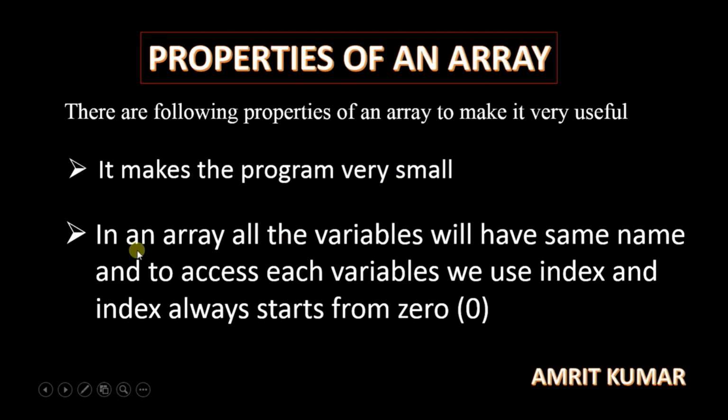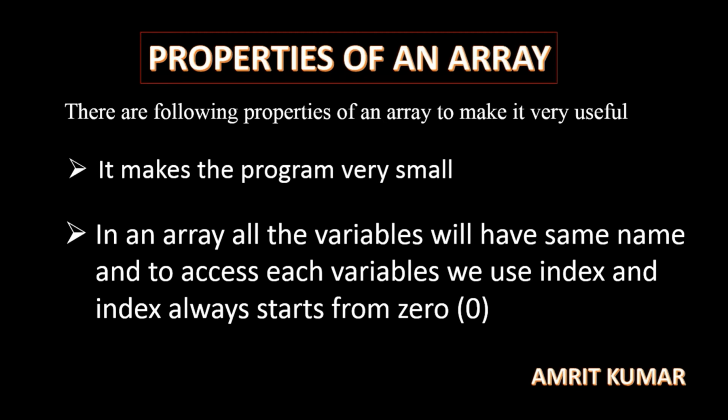Another property is that in an array all the variables have the same name, as we have studied. To access each variable we use the index, and the index always starts from 0, as I have told you in the previous section, in the example section of the array.